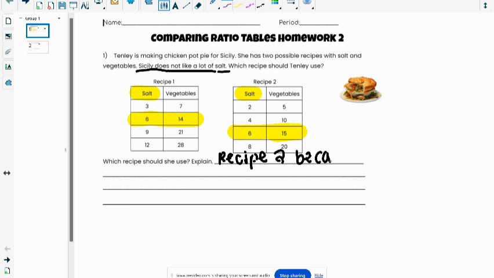Because for 6 tablespoons of salt, and I know the problem doesn't say tablespoons, so it could be 6 cups, whatever, but we're going to say tablespoons. You could even say 6 parts, since we don't know what that unit is. Recipe 2, because for 6 tablespoons of salt, it uses more vegetables.